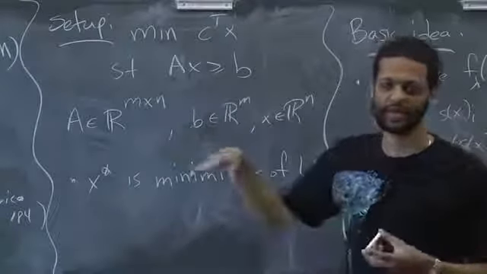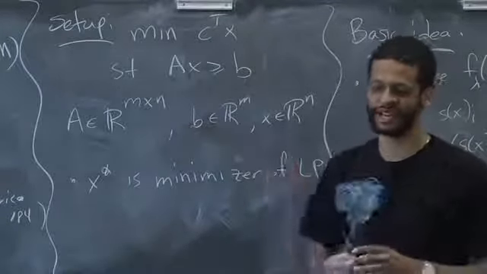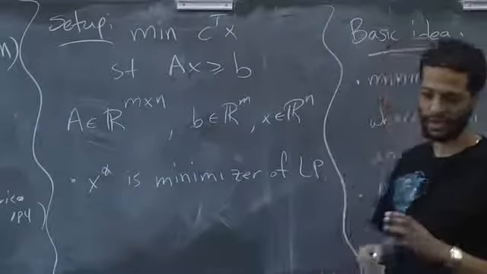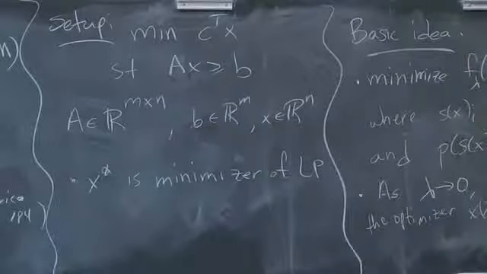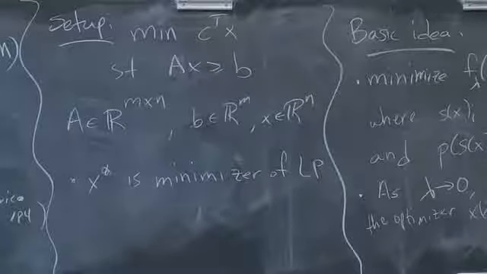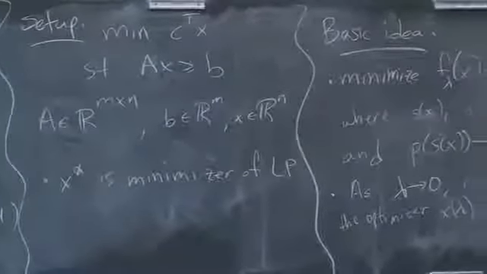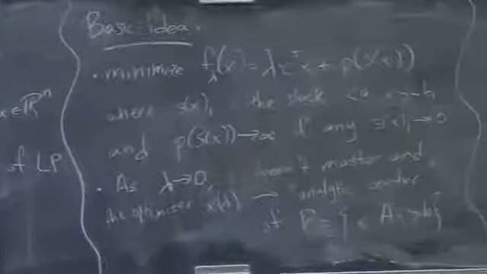That random noise ensures there's a unique optimal vertex. I don't want to get into precision issues, but there are standard tricks that ensure the minimizing vertex is unique. I'll put a link in the notes to some of these minor tricks.